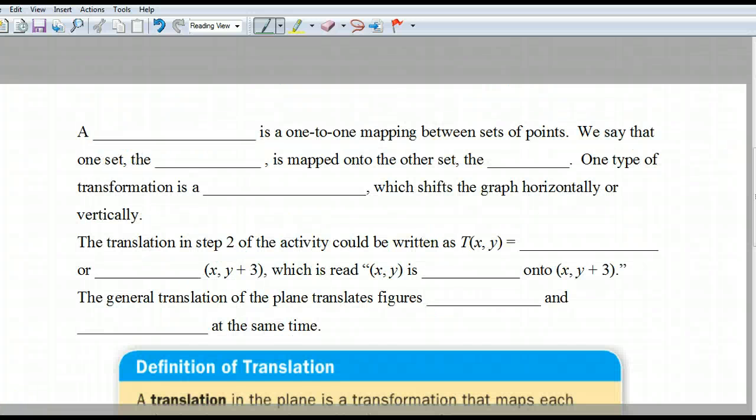Okay, so we have a little fill in the blank portion of our notes, and it's going to go like this. A transformation is the first word. A transformation is a one-to-one mapping between sets of points. We say that one set, the pre-image, is mapped onto the other set, the image.